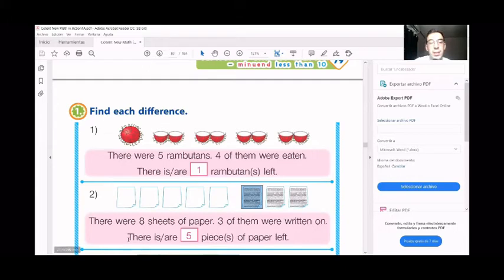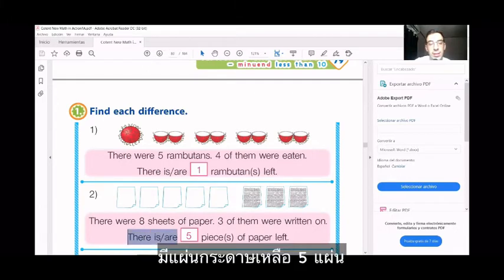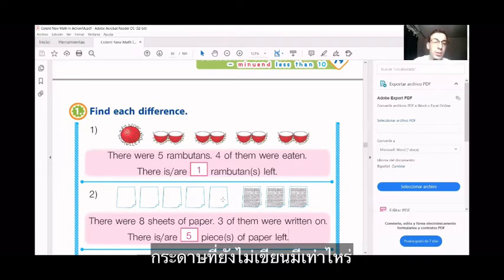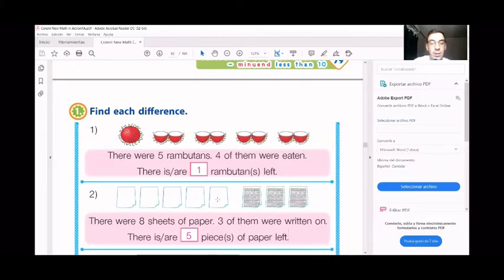So let's continue reading. There are 5 pieces of paper left. So we are looking for the pieces of paper left without anything written on. Okay, how many sheets of paper do we have empty? We have 1, 2, 3, 4, 5.